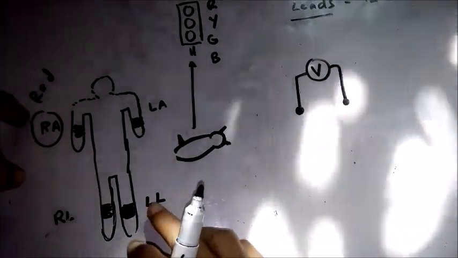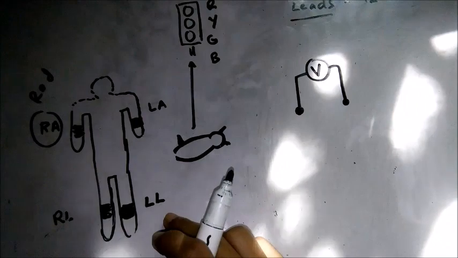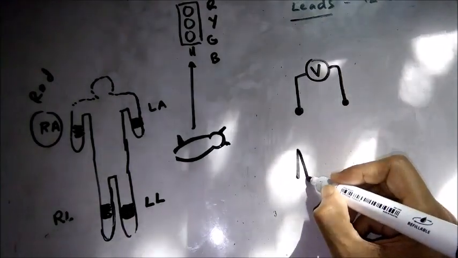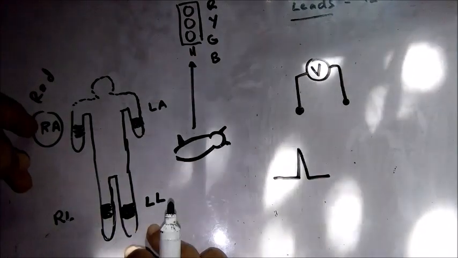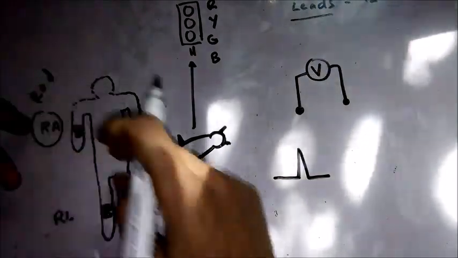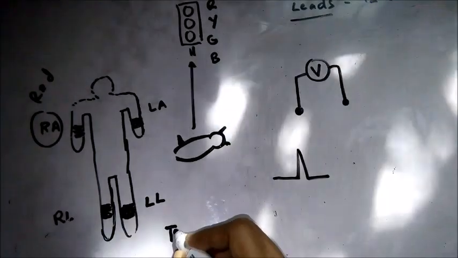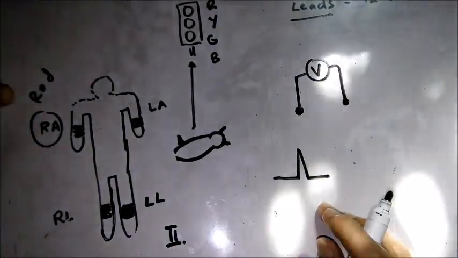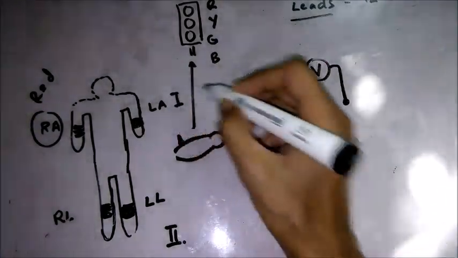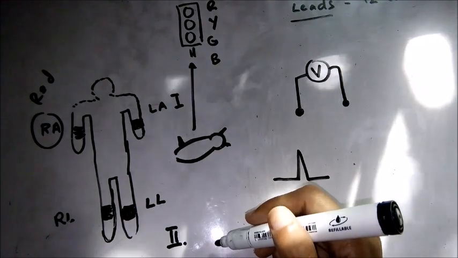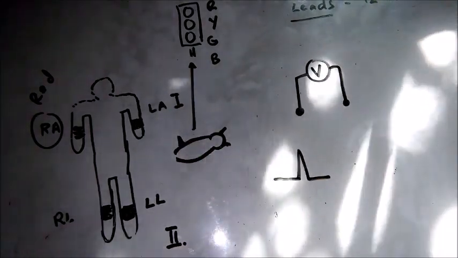So for example, if there is a greater difference between the right arm and the left arm, it will show us great positivity, right? The right arm and the left leg is represented by lead 2. The right arm and the left arm is represented by lead 1, and the left arm and the left leg is represented by lead 3, right?